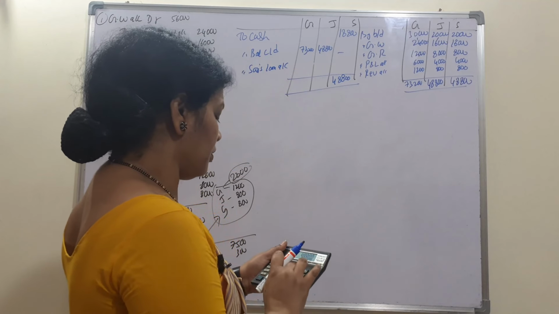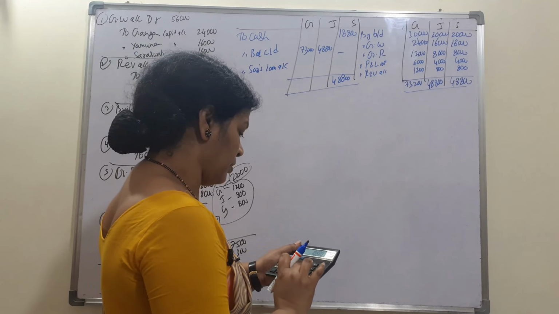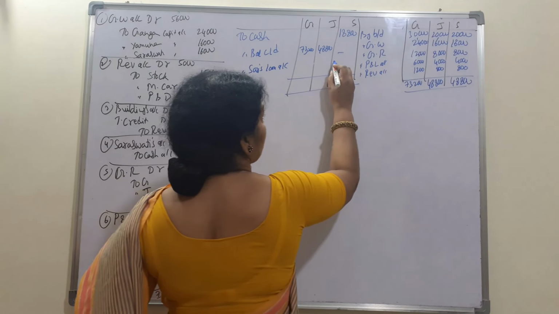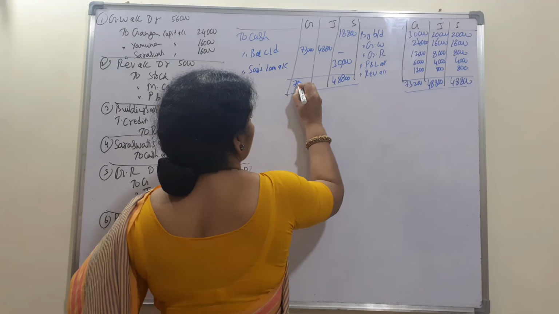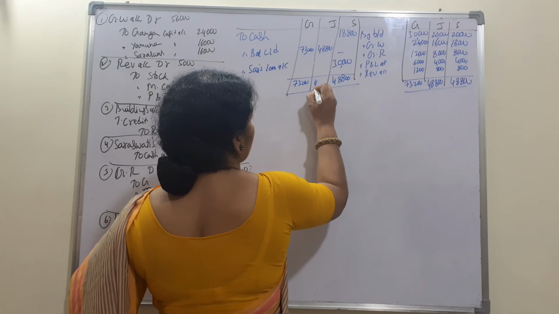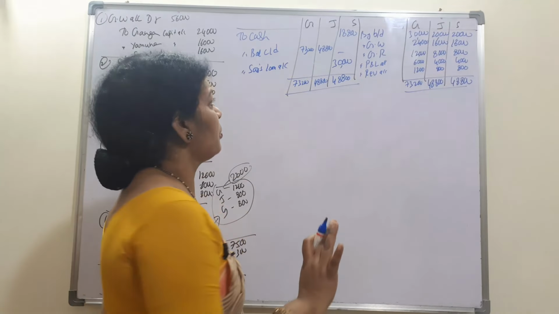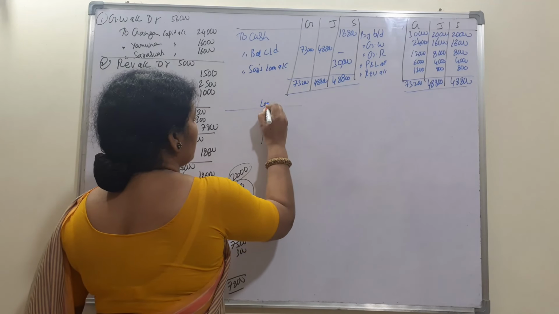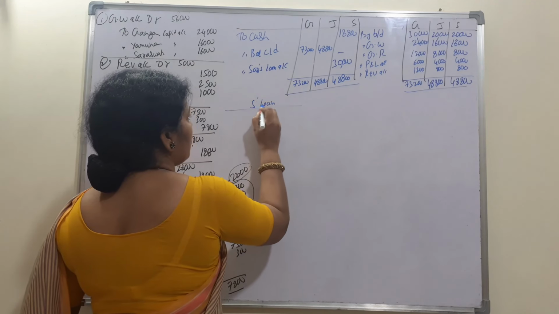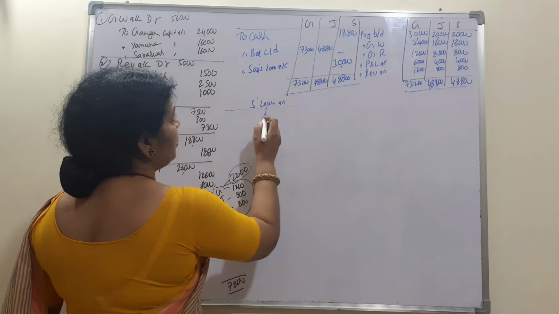48,800 minus 18,800 is 30,000. 30,000 we are transferring to the loan account. We can show loan account also here if you want. If you open Saraswati's loan account, loan account is here, will be showing debit.